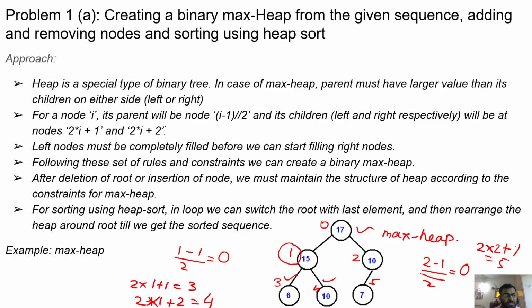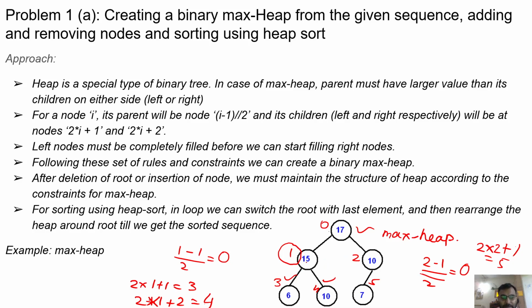Now, the left nodes must be completely filled before we can start filling out the right node. So we can see here that we started with root 0, then we created two of its children, node 1 and node 2. Then we started with the left node and filled both of its children, and then we went to fill in the child for node 2.